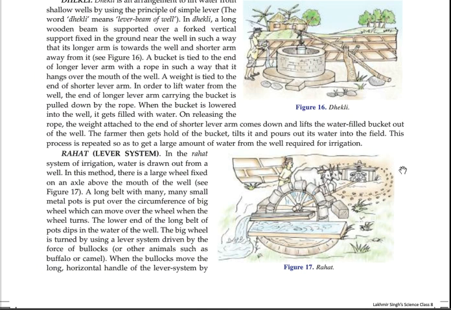When the bullocks move in a circular way, it rotates the axle, and the buckets or pods connected to the larger wheel start to rotate and get filled up with water.